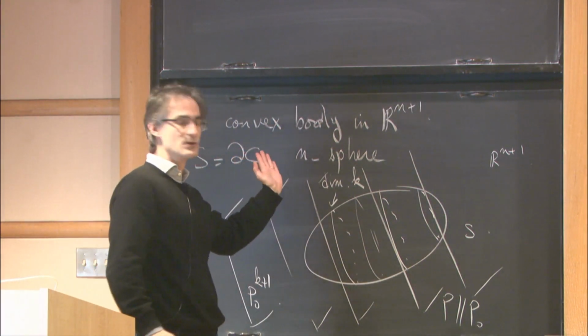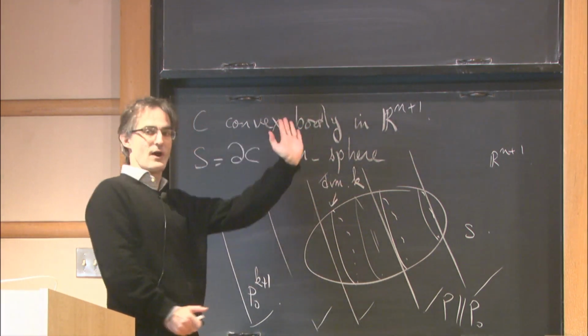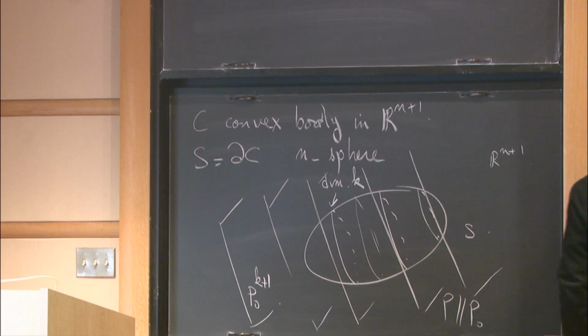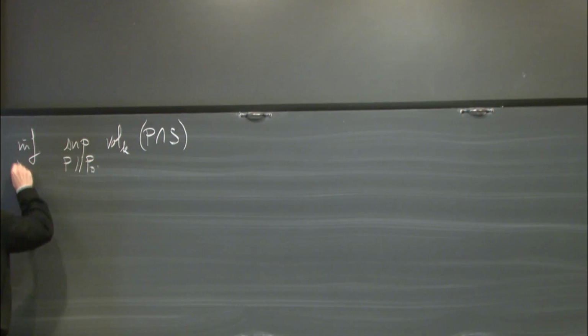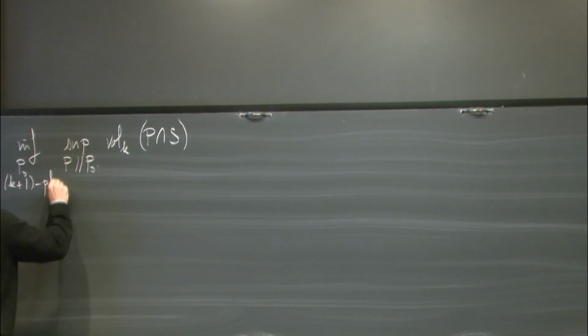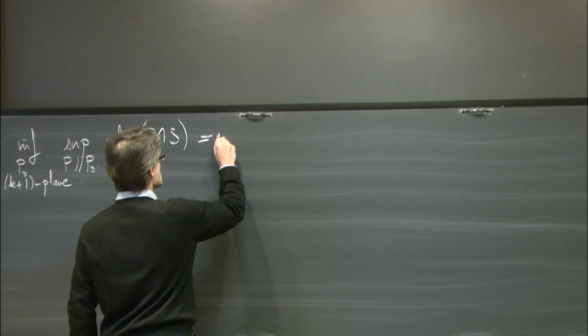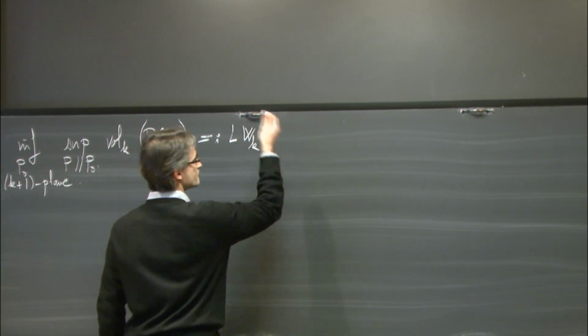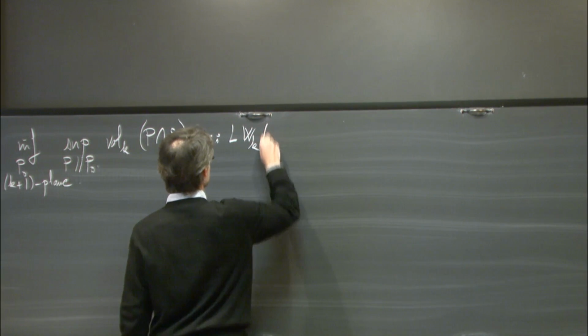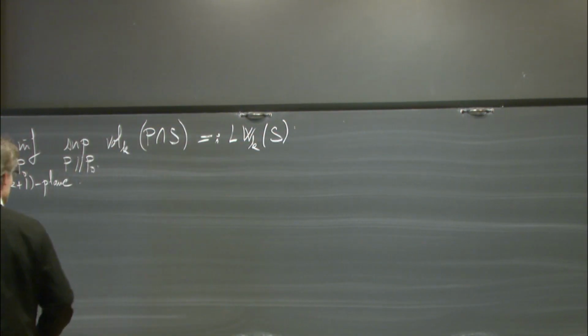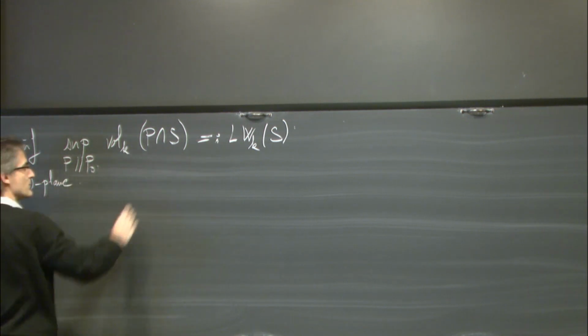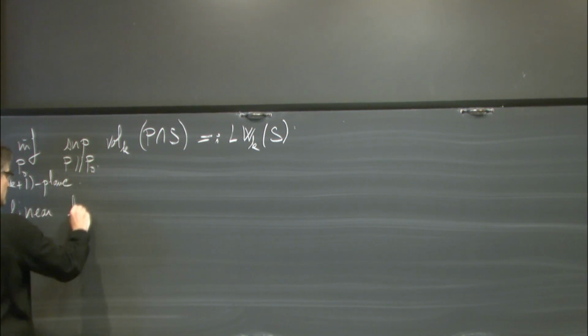Then I want to minimize that over all directions P0. Here it's a (k+1)-plane. I'll call this LW_k of S for the sphere, where LW stands for linear k-width.